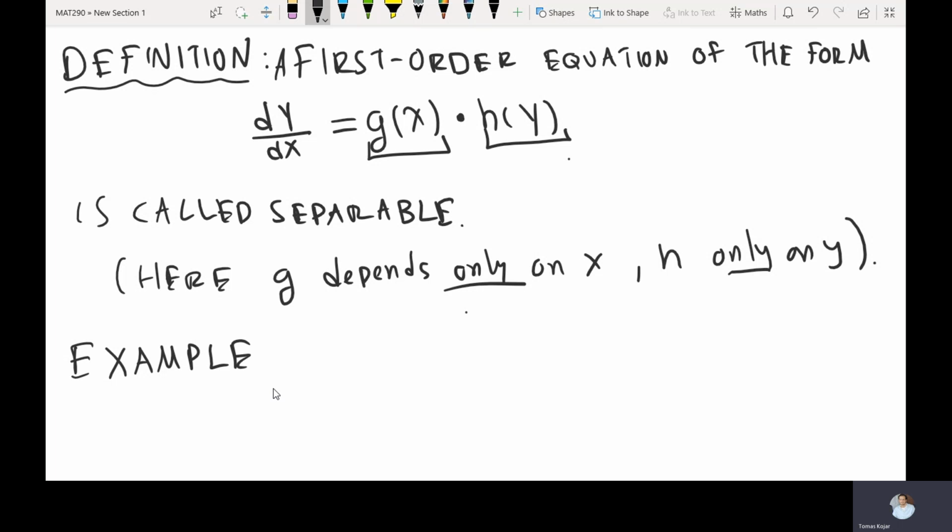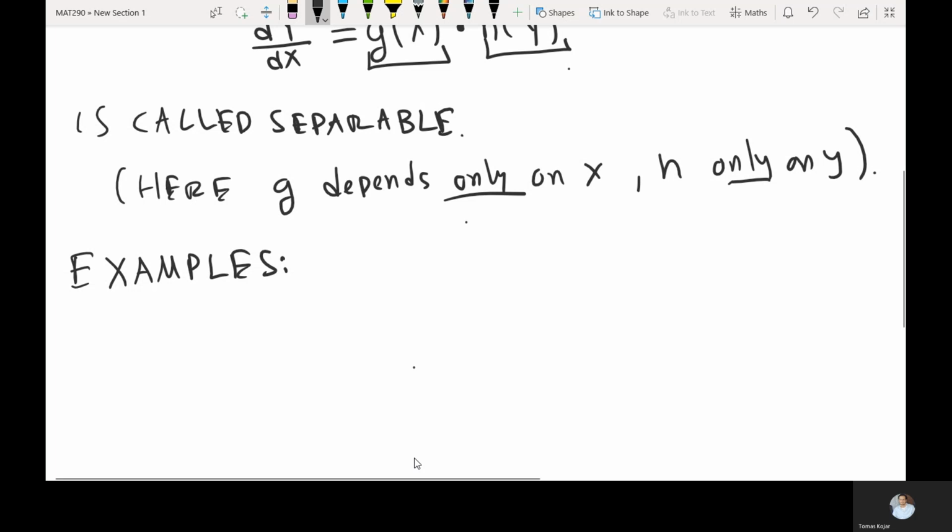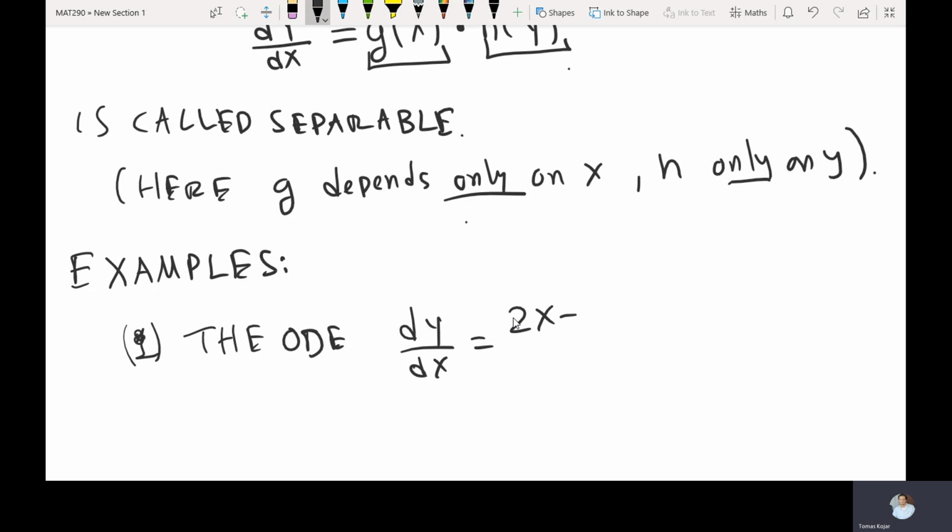First, some examples. So the following linear example, the ODE dy/dx equals 2x minus 3 over y, is separable because it's of the form (2x minus 3) times 1 over y.